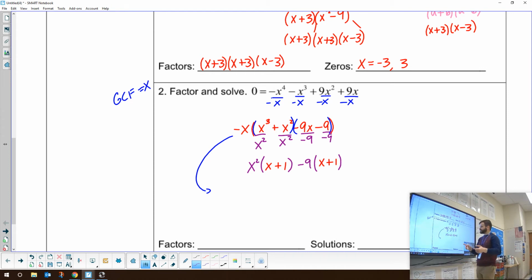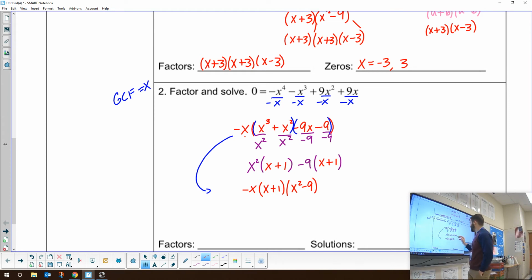Just pull that to the front, and these two numbers go together, okay? So after we pull them out, if these two match, they just squeeze together, and we put our x squared minus 9 together. So we're going to have x plus 1 in front times x squared minus 9, and I cannot forget about that negative x out in front.